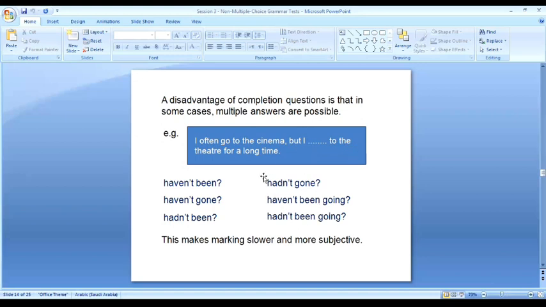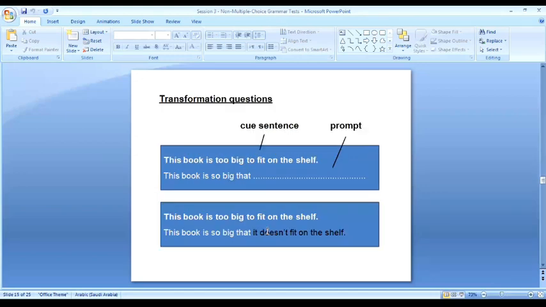So here multiple answers are possible. So this makes marking slower and more subjective. The marking of this test is going to be slower because each student is going to give you different answers and so on. And then now we go to the second type, which is transformation questions. Now we have finished with completion.